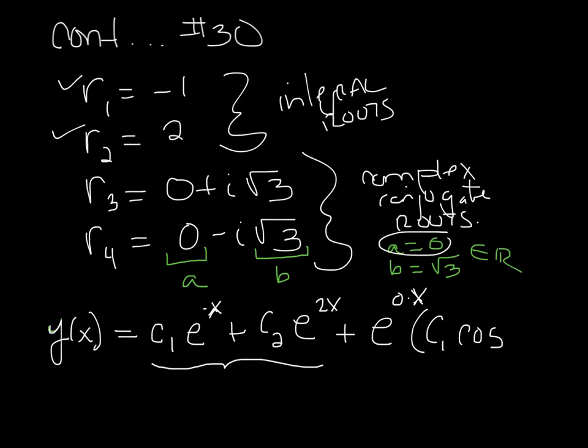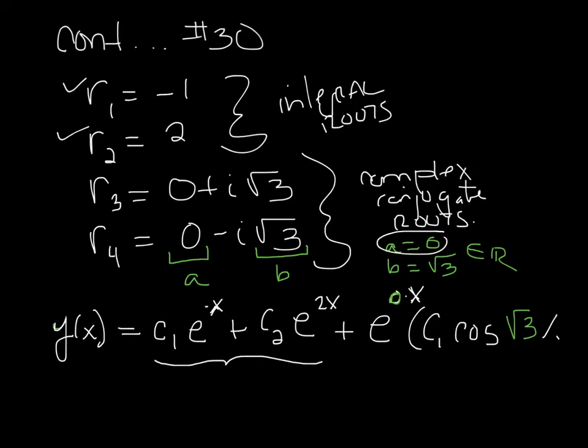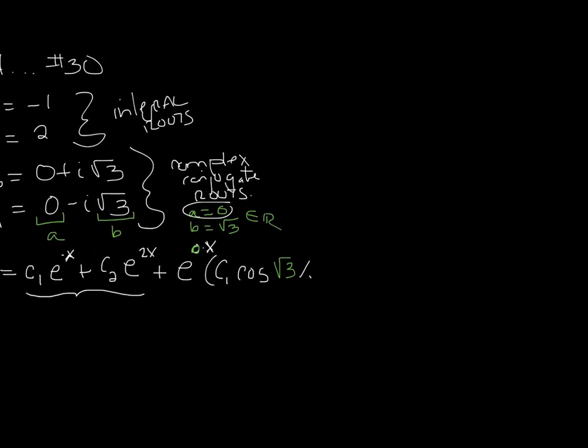Okay, so what's my b? My b is radical 3. And actually, let me insert that 0 since that's my a as well. I write really big, so I'm going to scooch this over really quick. x plus c2 sine of radical 3 x.